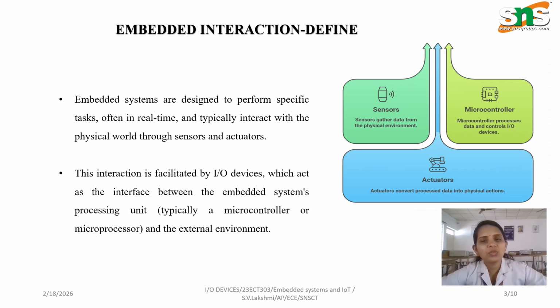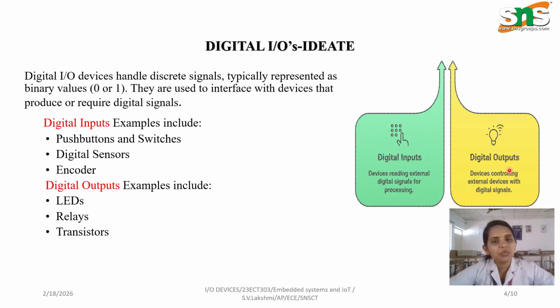We have a variety of IO devices which we use for embedded applications. The major blocks in an embedded system are sensors, microcontroller, and actuators. Sensors are part of the input, and on the output side we have actuators. The controller controls the IO devices and is the heart of this system. We have digital input output devices as well as analog input output devices.